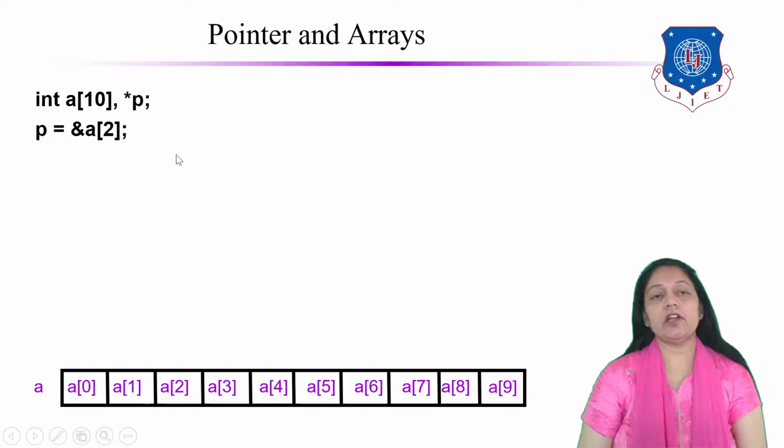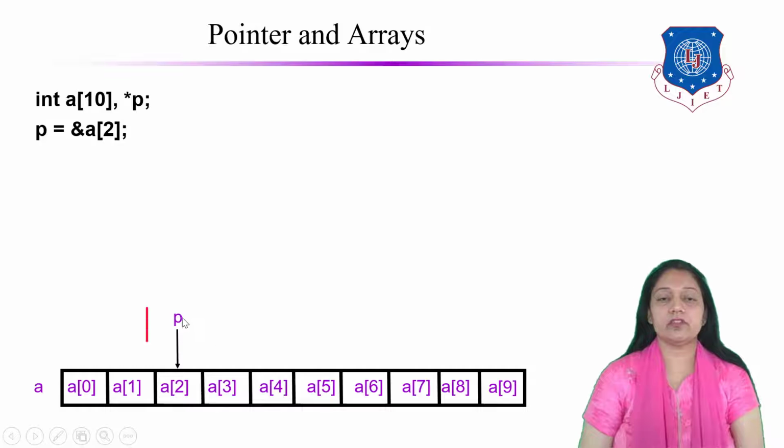We can make the pointer point to any other element of the array. So here I am writing P equal to ampersand A of 2. It means that I am pointing the pointer to the element of the array which has index 2. So this is my pointer. Right now my pointer is pointing to A of 2 and not A of 0.